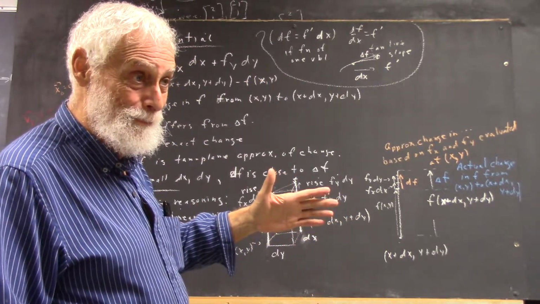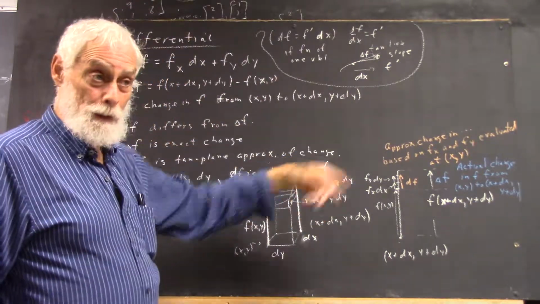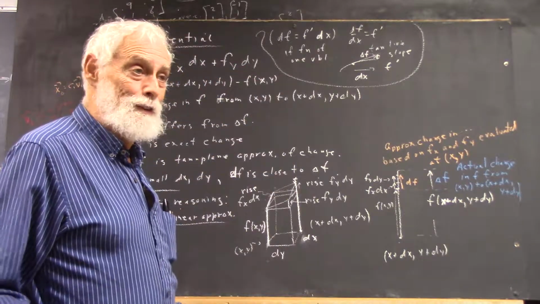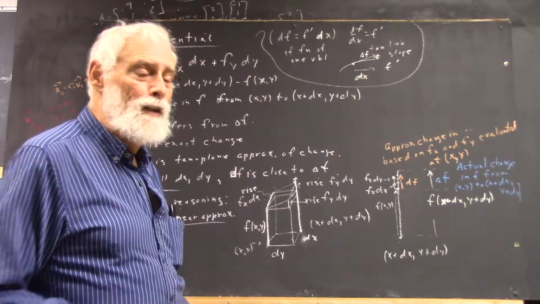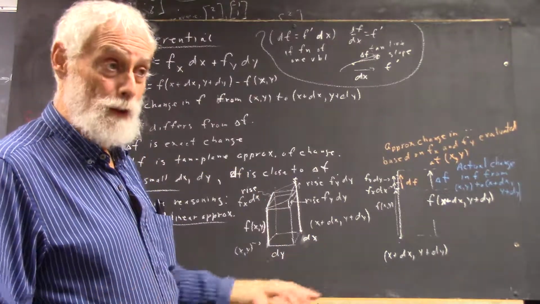Okay? And we're going to do that. And this is exactly what you want to use to do that and to understand why the errors you get are what they are.